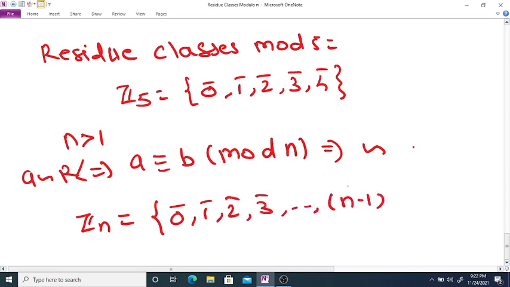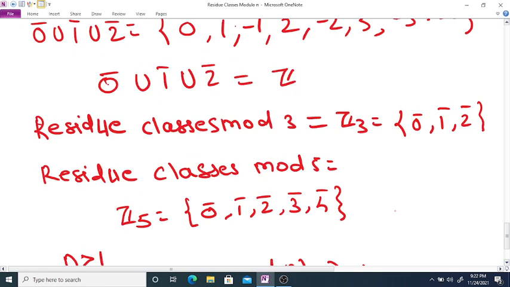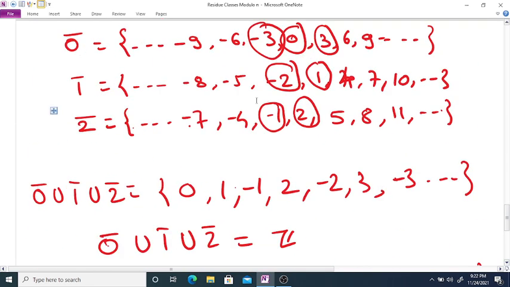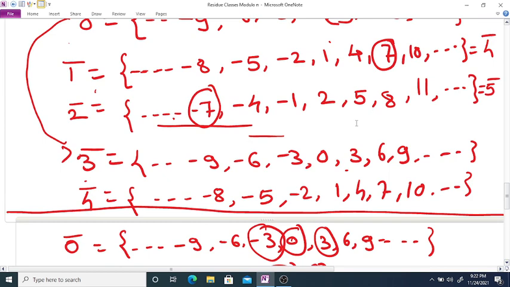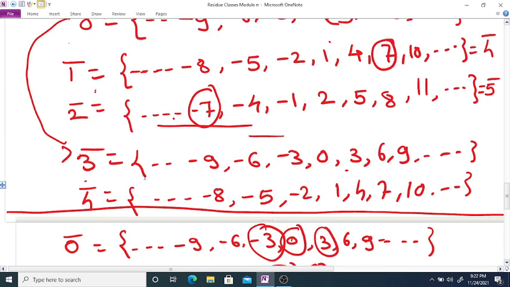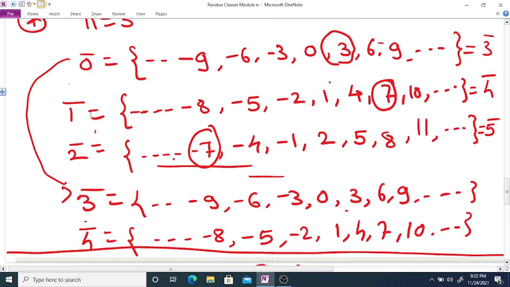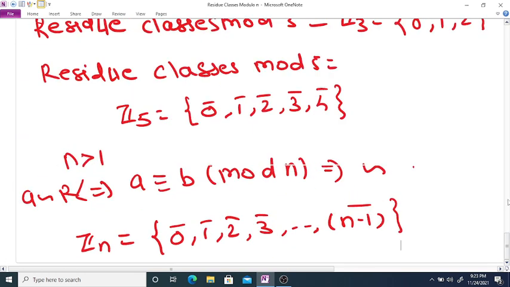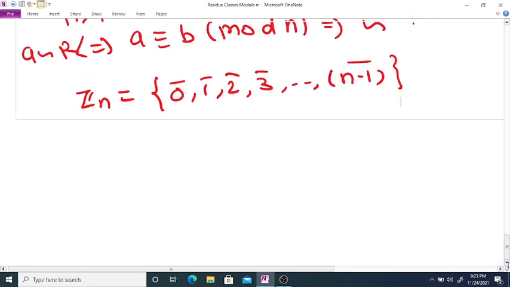Again, you can see here that 0 bar is the same as 3 bar, which is the same as 6 bar, which is the same as 9 bar. That is, 3 bar is again 0 bar, 4 bar is again 1 bar and 5 bar is again 2 bar.